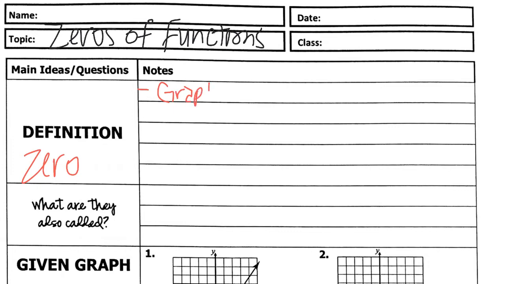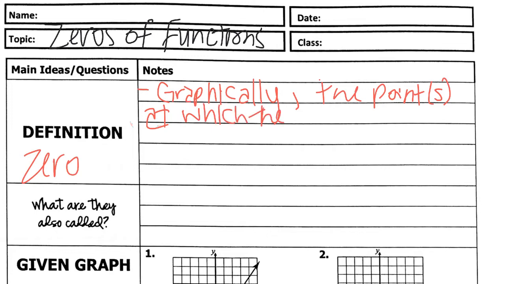Graphically, it is the point or points at which the graph crosses or intersects the x-axis.